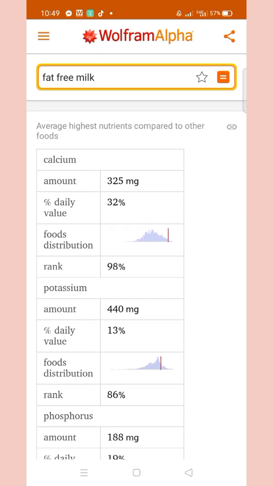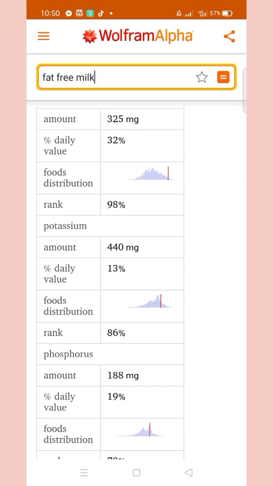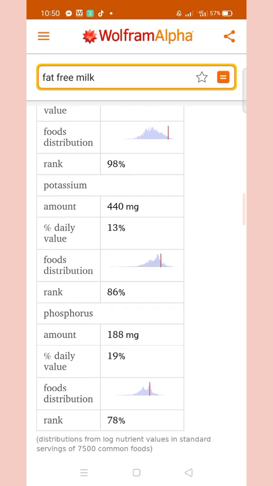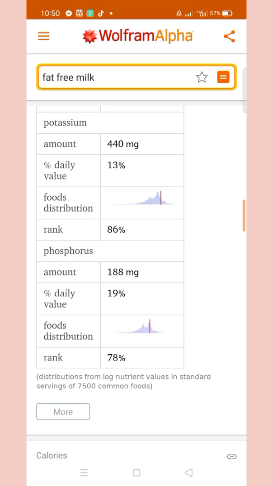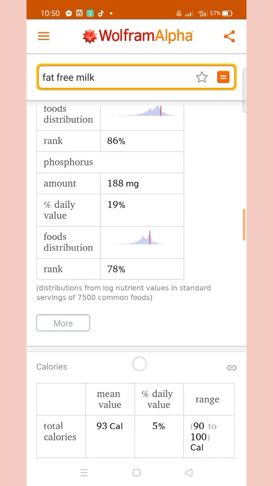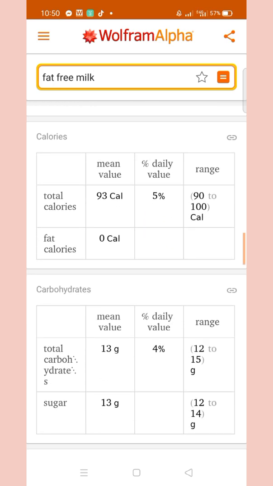So, calcium amount, percentage daily value, foods distribution, rank; potassium amount, daily value, foods distribution, rank; and then the phosphorus amount, percentage daily value, foods distribution, and rank. Next is the calories.